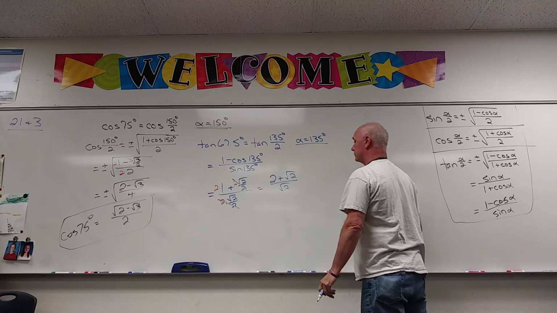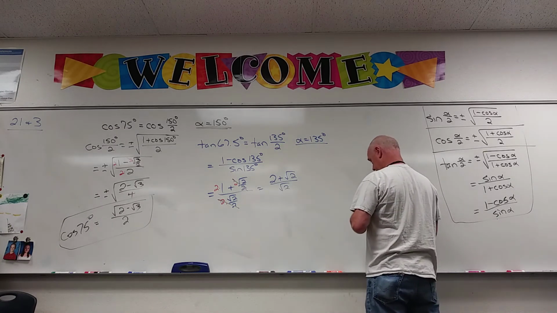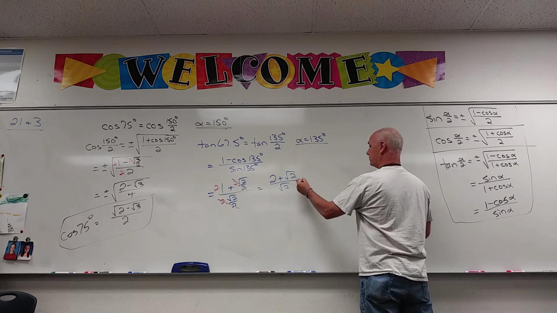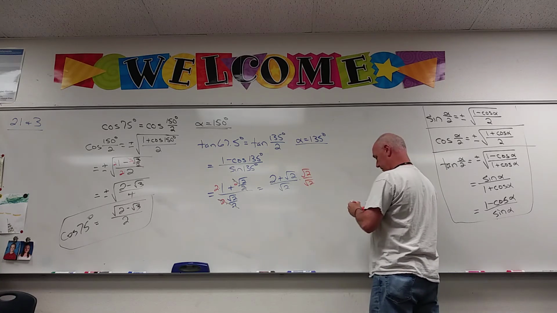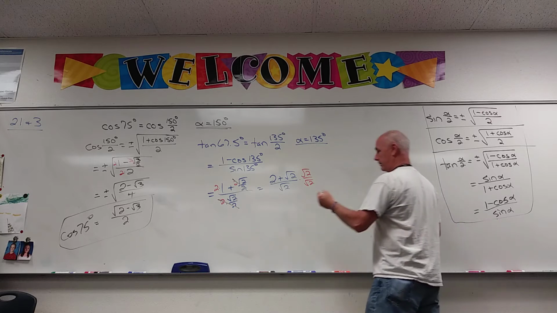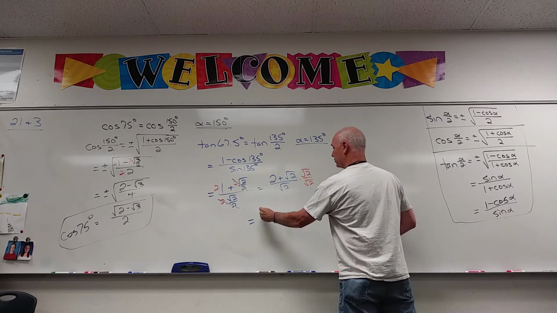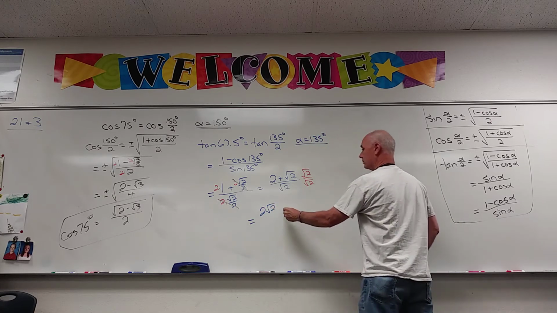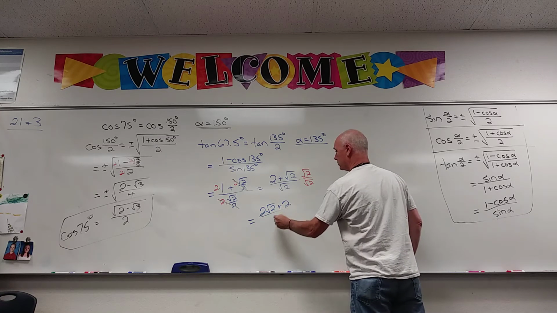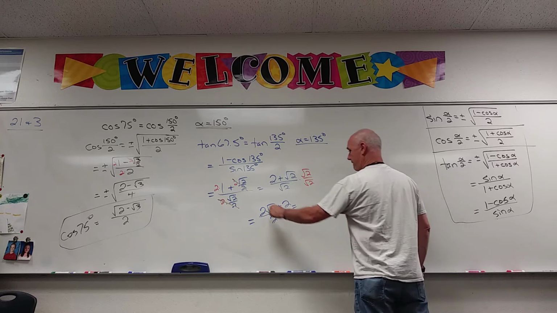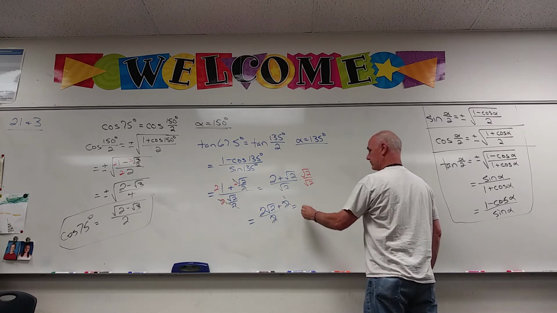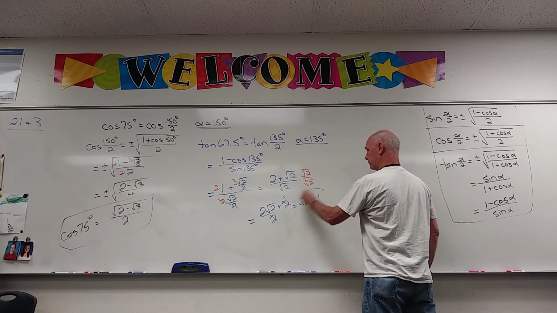Rationalize with square root 2. The beauty of having the monomial in the denominator: 2 root 2 plus 2 over 2. And then cancel the 2. Lots of 2's. Root 2 plus 1. Root 2 plus 1.